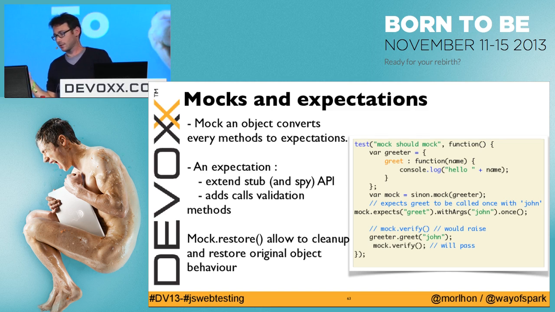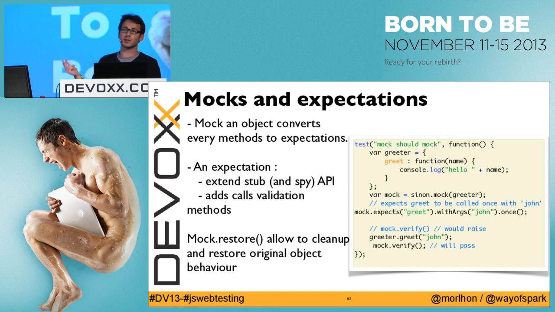You ask Sinon to mock the greeter, and you define an expectation. Your test is supposed to call greet with argument John only once. When you call mock.verify, if all the expectations have been met, it will do nothing, else it will raise an exception, which will be used by any test framework to check that the test has failed.